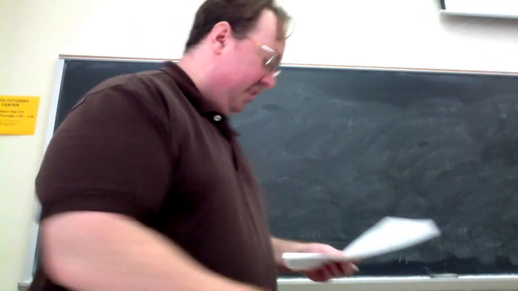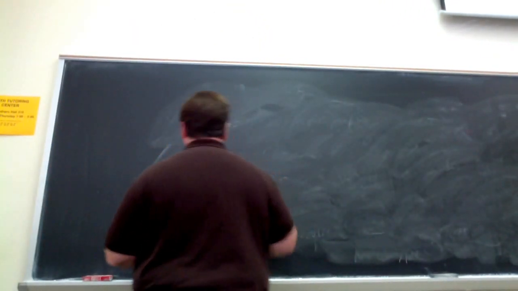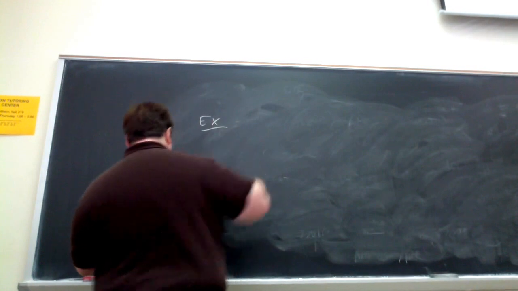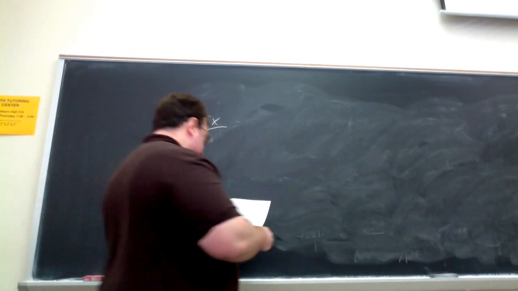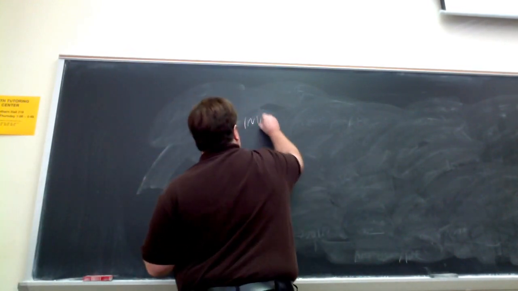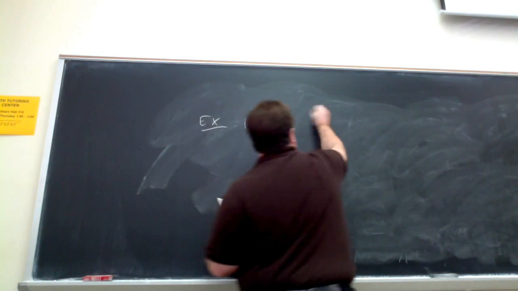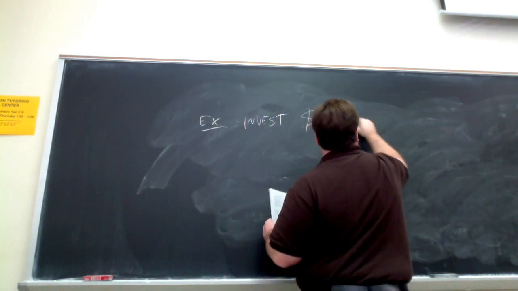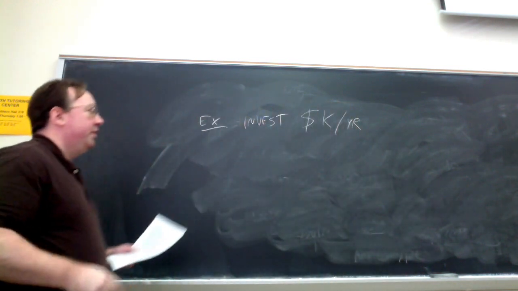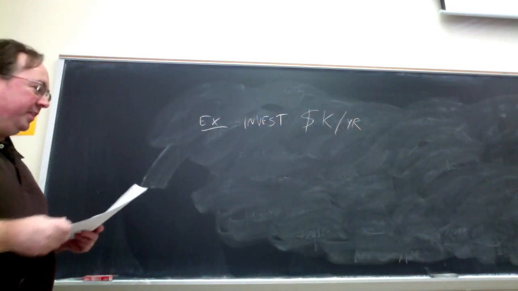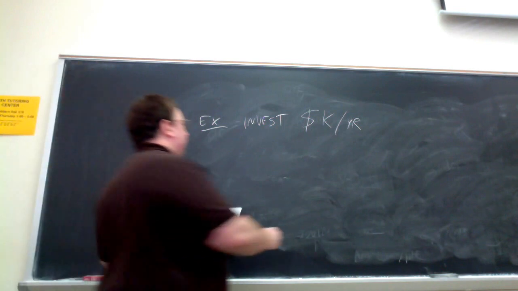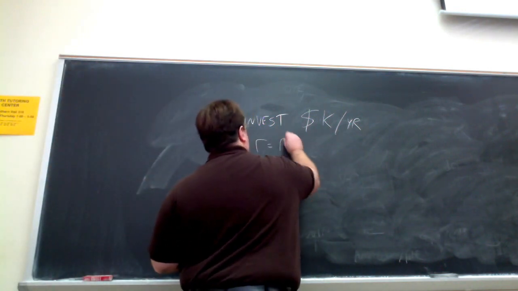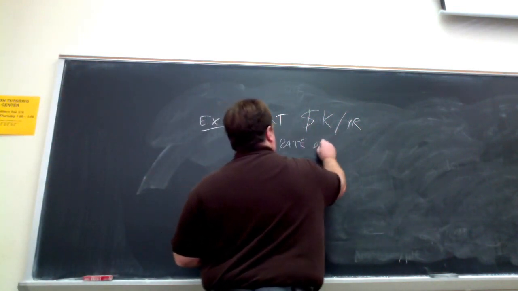All right, so in this problem, suppose you're investing K dollars per year. So every year you're dumping K dollars into an account, and then little r is the rate of return.